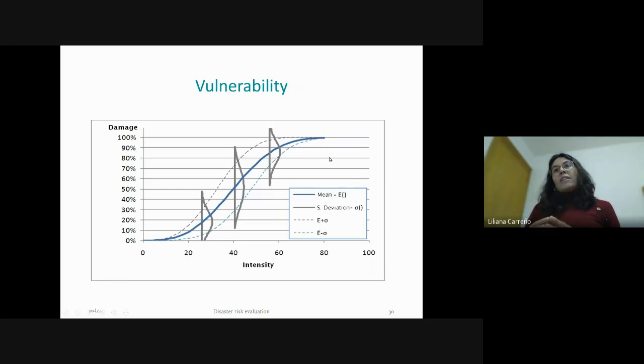In the case of physical vulnerability, we use vulnerability functions like this one, where here you have the relationship between the intensity of the hazard and the damage for a type of exposed element. And for these vulnerability functions, we use the mean value and a standard deviation.